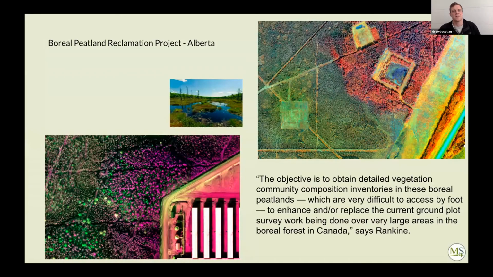So this example is a boreal peatland reclamation project in Alberta. I don't know if you guys have heard of it, but they do it in Canada, where I think it's called oil sands or something like that, where they pull oil from the soil, and it's really hard on the environment.